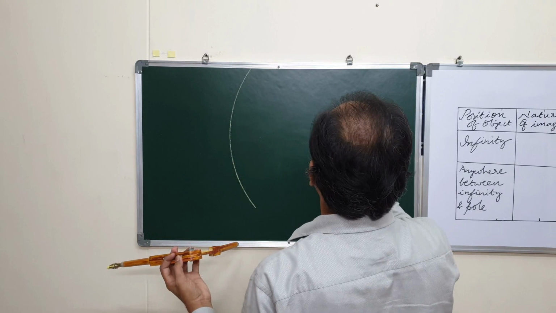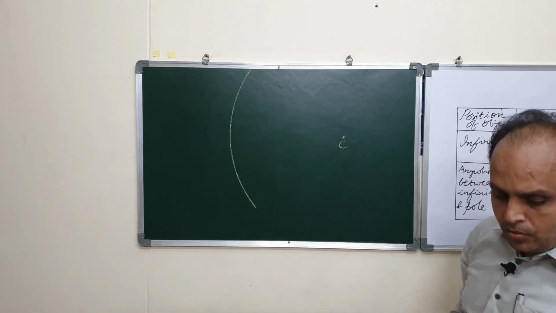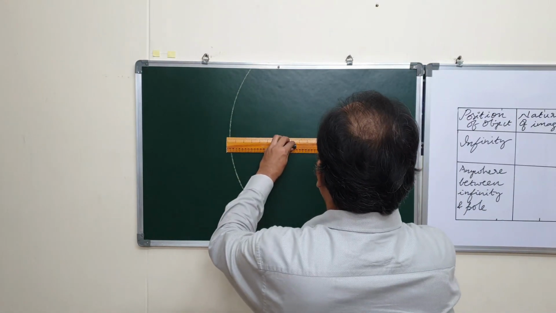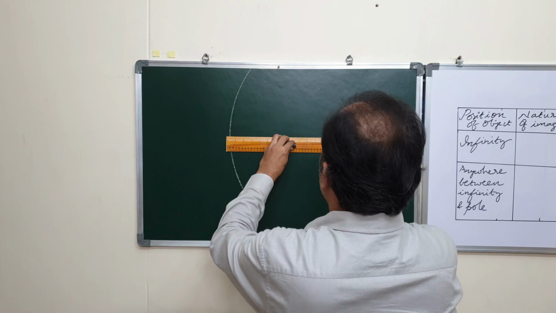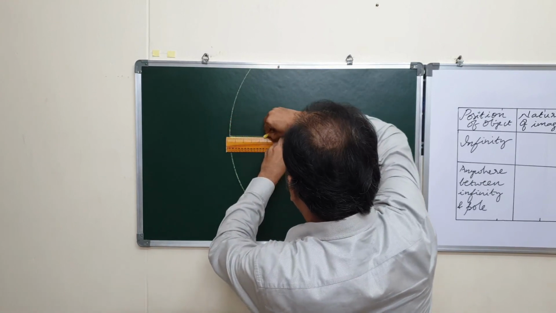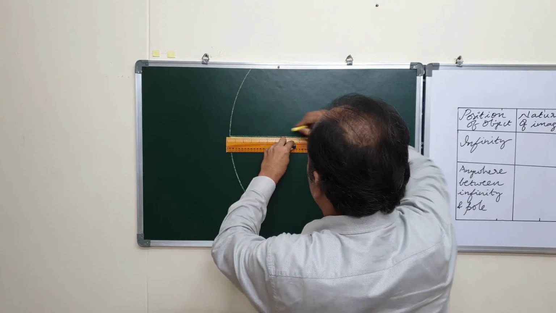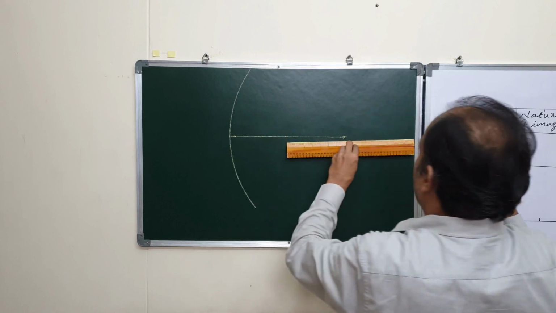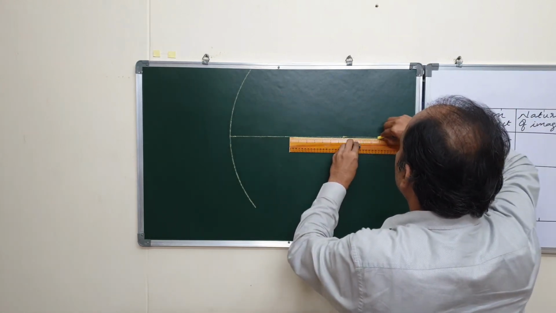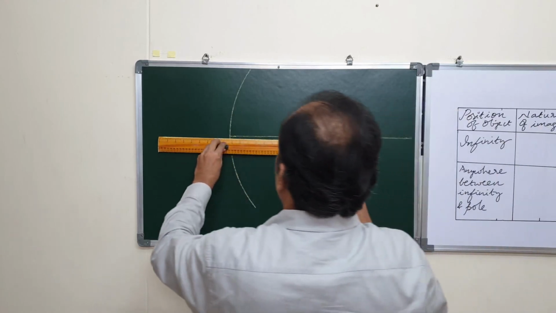This is the center of curvature. Okay, now using the ruler we join this center of curvature to the mirror. And we can extend this side and even backwards.